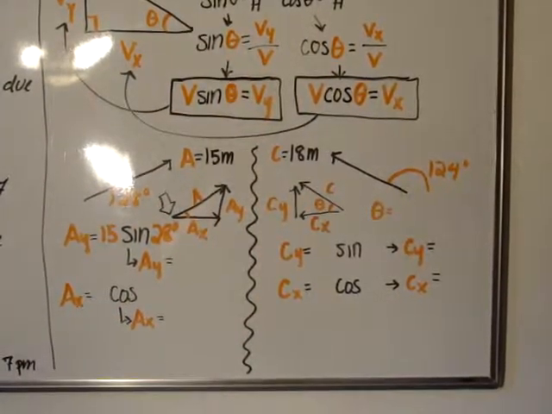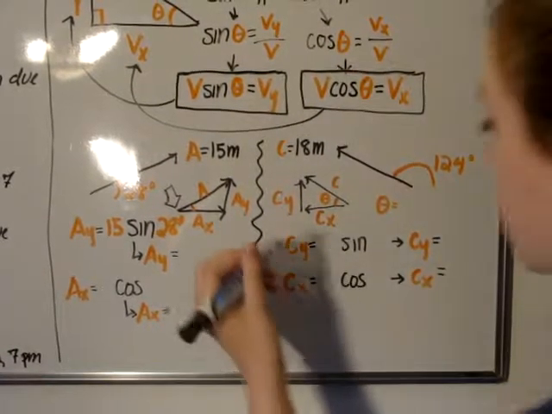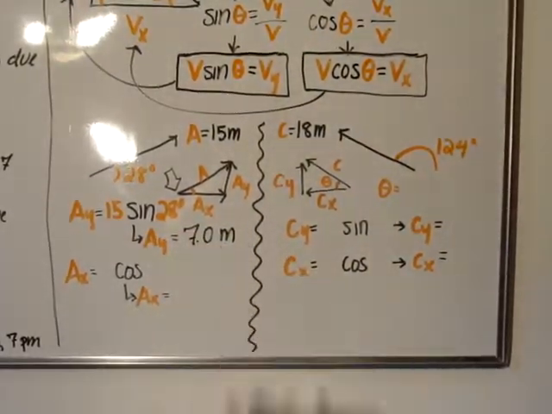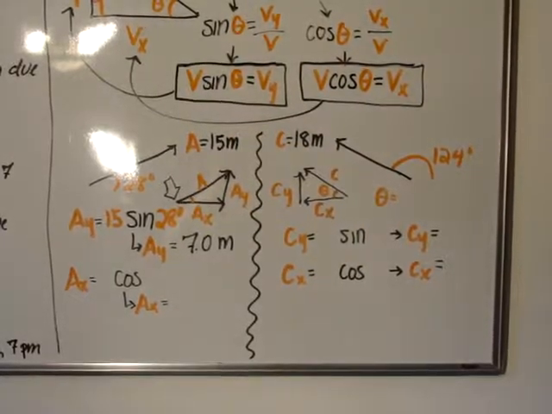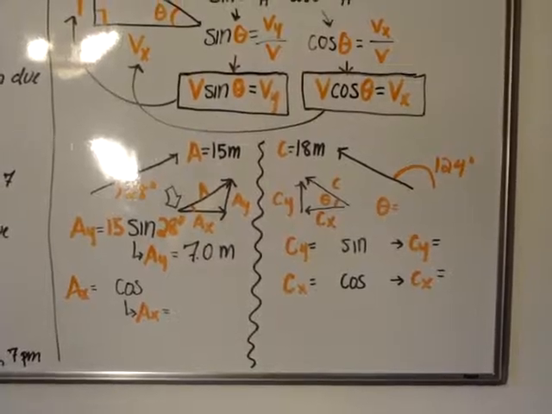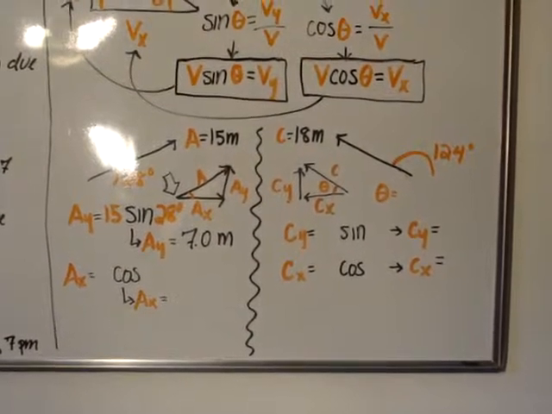You plug that into your calculator to get a value of 7.0 meters. So that's the value of the y component, or the length that this vector would be in reference to the length of the hypotenuse. The Pythagorean theorem also applies here, but we're using trigonometry, which is applicable to more situations.